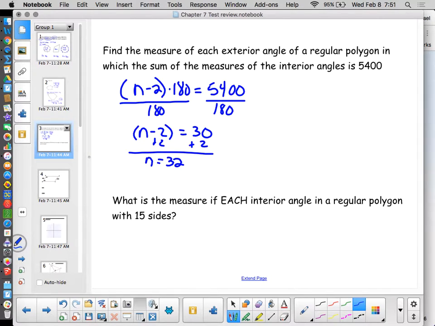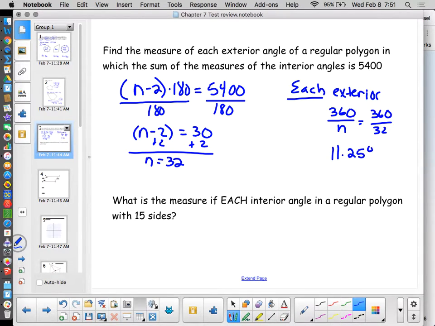Because the question asks the measure of each exterior angle. And each exterior is 360 divided by the number of sides. So 360 divided by 32 is 11.25 degrees. Exactly.